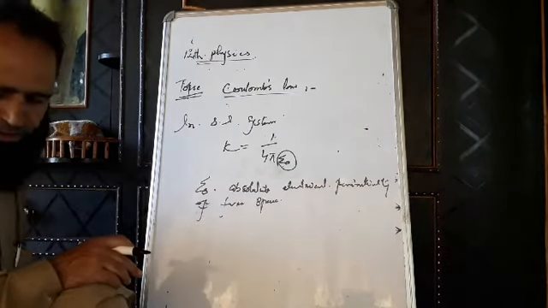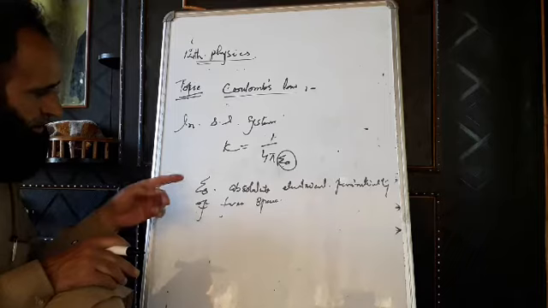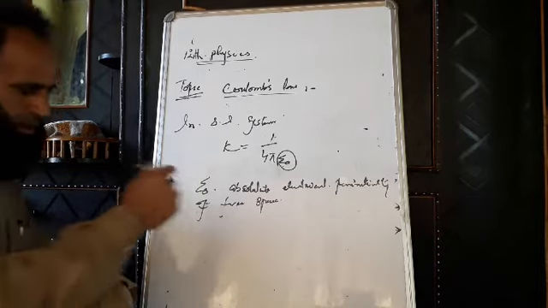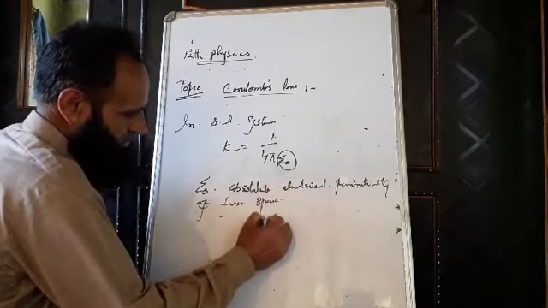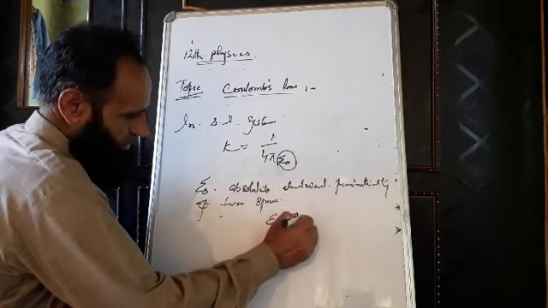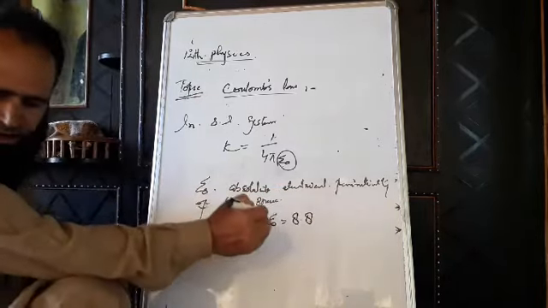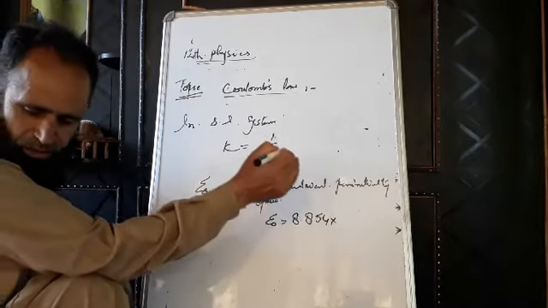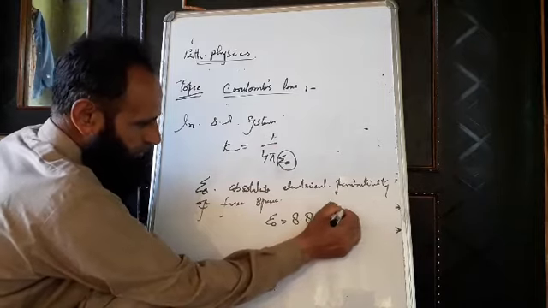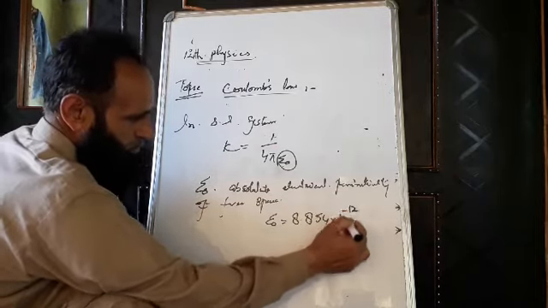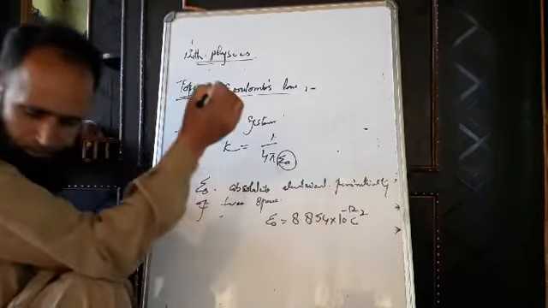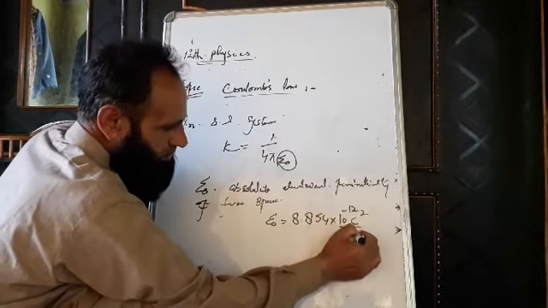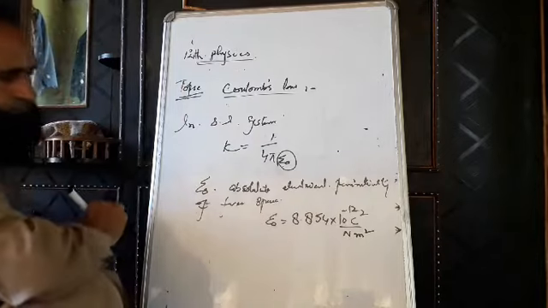The value of epsilon naught is equal to 8.854 into 10 raised to power minus 12 coulomb square per newton meter square.